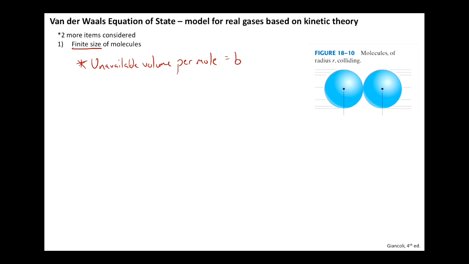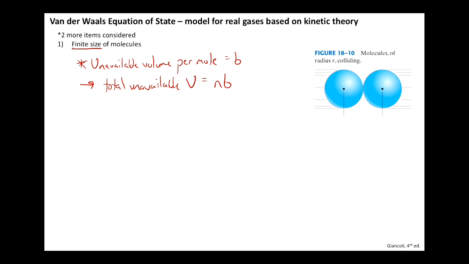We're just going to give it a value per mole, which means that we could say that the total unavailable volume is equal to the number of moles times however much volume is taken up per mole. Again, by unavailable volume, we're talking about space inside the container that's taken up by the molecules themselves, which decreases the volume in which the molecules can move around.